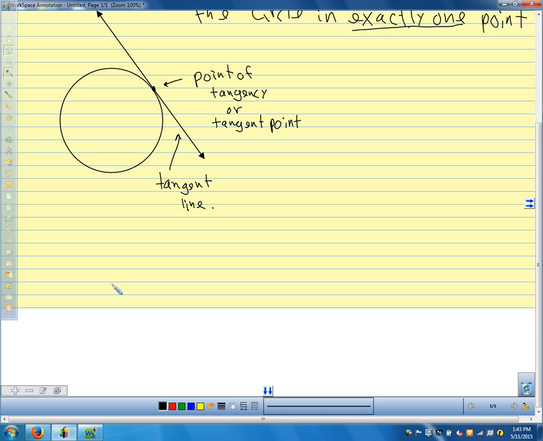So our big theorem today is the tangent theorem.